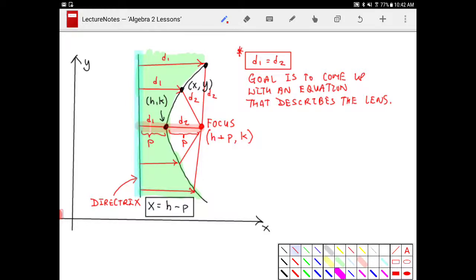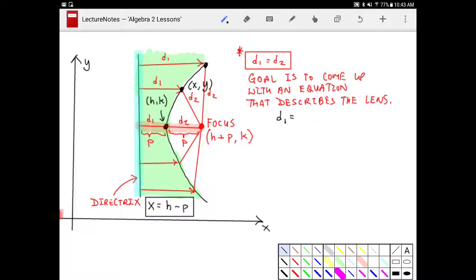Let's come up with the equation for d1. What exactly is the equation for d1? Well, d1 is a horizontal line, because the light is traveling from the outside world through the directrix and hitting the other side of the lens. I want to know the distance between the directrix and x.